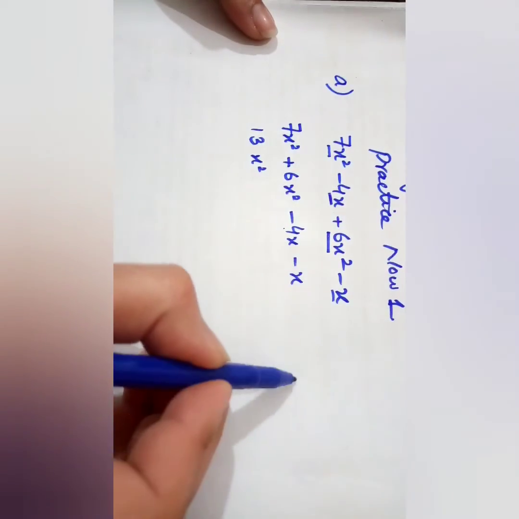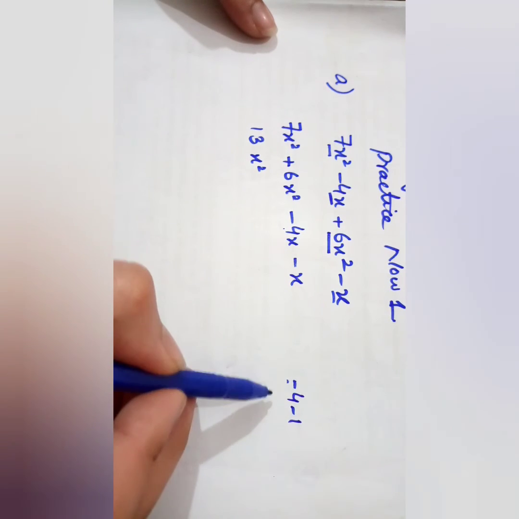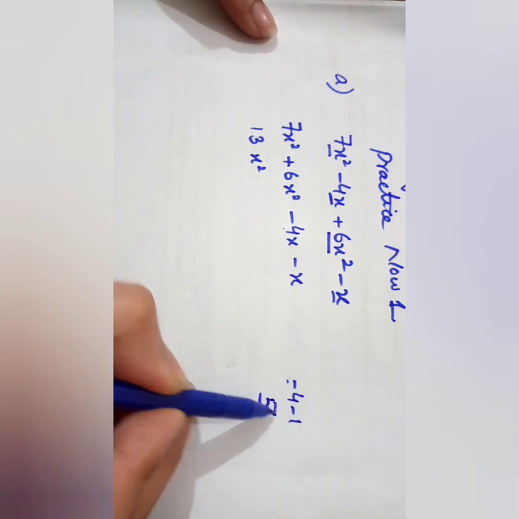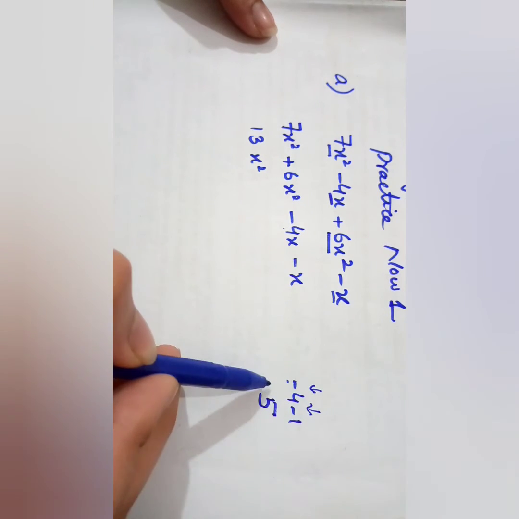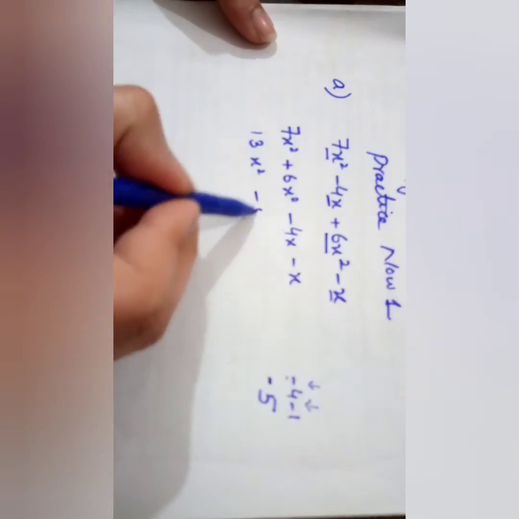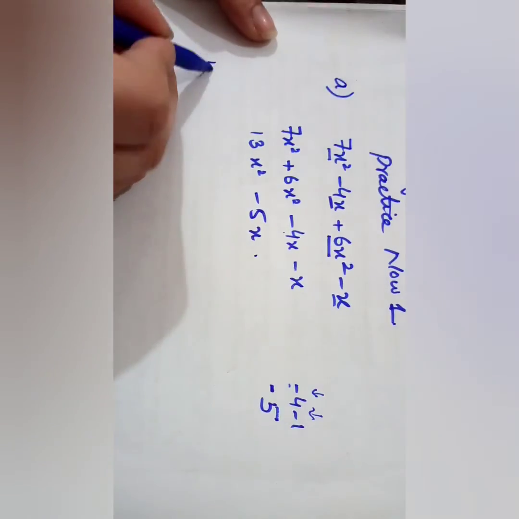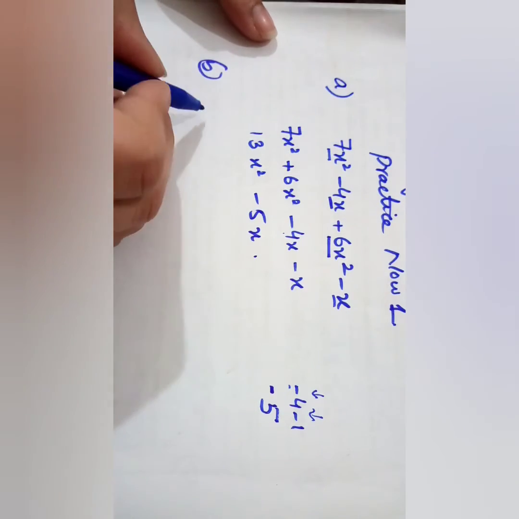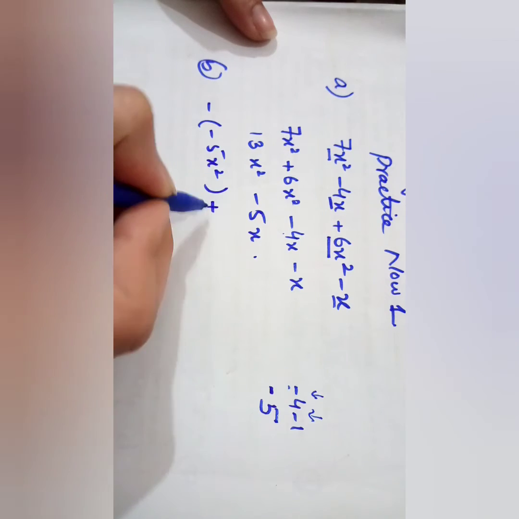Minus 4 minus 1: same sign with both the terms, so the terms will be added, it will become 5. And the sign that both the previous terms have, we place the same sign here, so minus 5, and write the variable as it is.